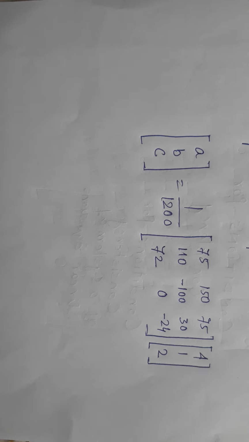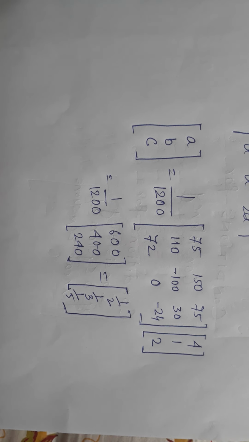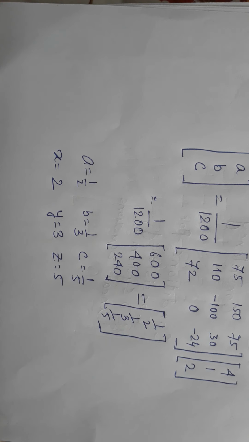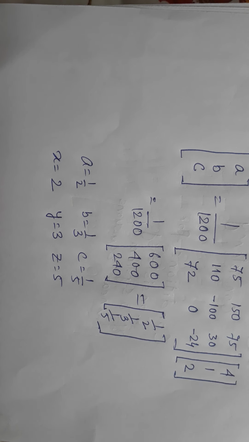So now we need to multiply the matrices. Hence the solution will be 1 by 2, 1 by 3, 1 by 5. So therefore the value of a is 1 by 2, the value of b is 1 by 3, and the value of c is 1 by 5. Hence the values of x, y and z will be 2, 3 and 5.